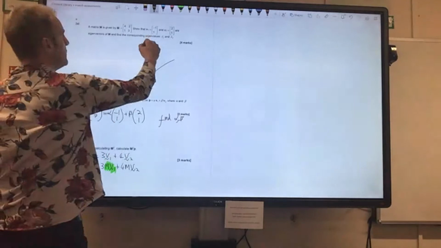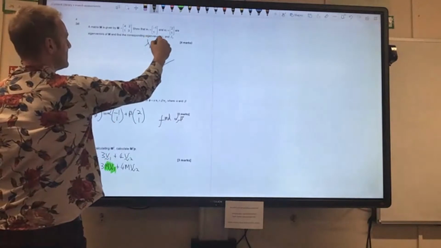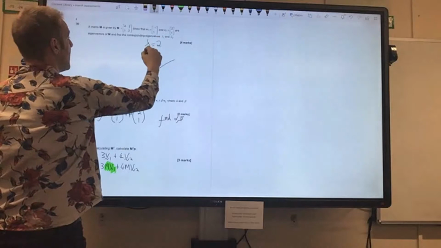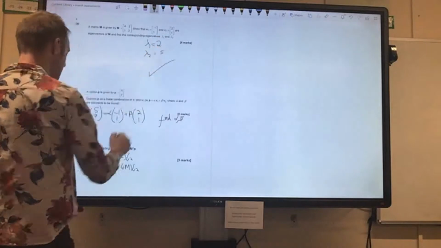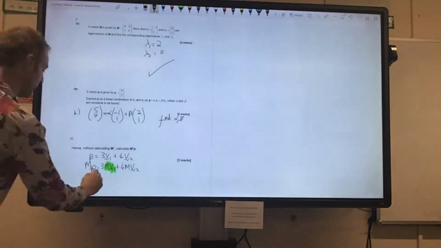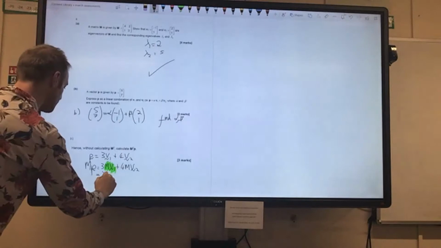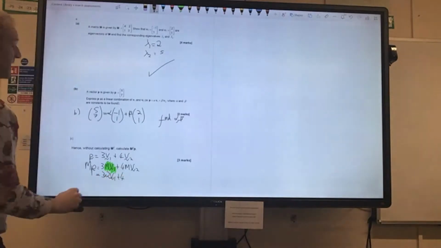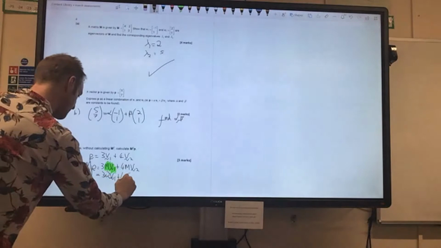Can you remember what lambda 1 was? Lambda 1 equals 2, was it? Yeah, 2 and 5. And lambda 2 equals 5. So MV1 is 2 times V1. And MV2 is 5 times V2.